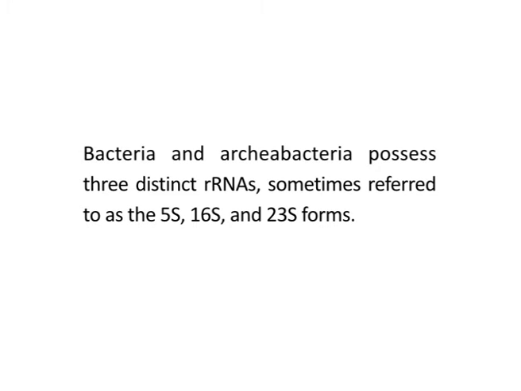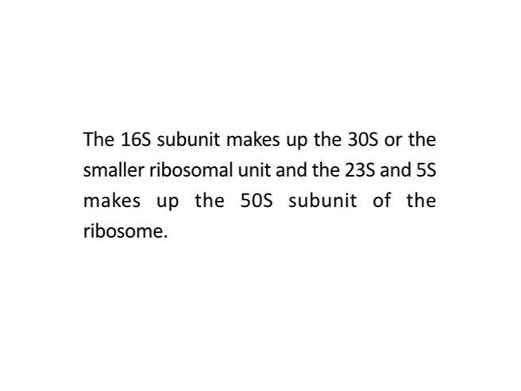Ribosomal RNA, or rRNA, are RNA molecules that make up the ribosomes in prokaryotes and eukaryotes. Bacteria and archaebacteria possess three distinct ribosomal RNAs, sometimes referred to as the 5S, 16S, and 23S forms. The 16S makes up the 30S smaller ribosomal subunit, and the 23S and 5S make up the 50S subunit of the ribosome.